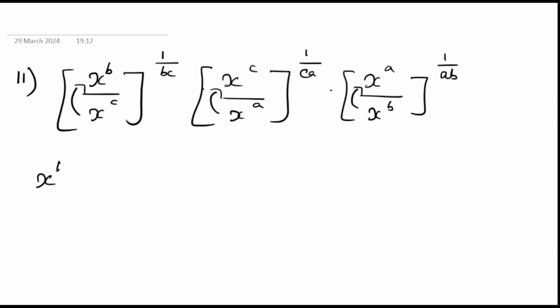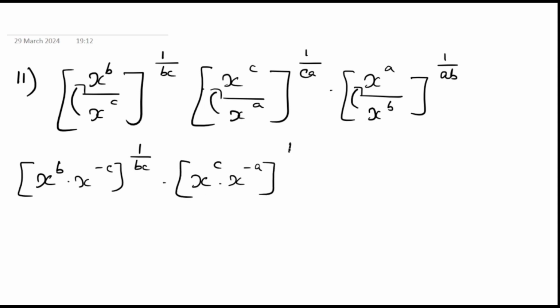So this will become x^b into x^-c, the whole to the power 1 divided by bc, into x^c into x^-a, the whole to the power 1 divided by ca, into x^a into x^-b, the whole to the power 1 divided by ab. Now since the bases are same, the powers can be added.